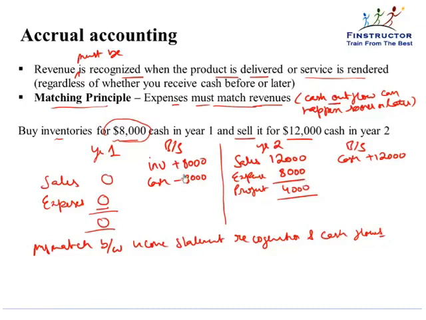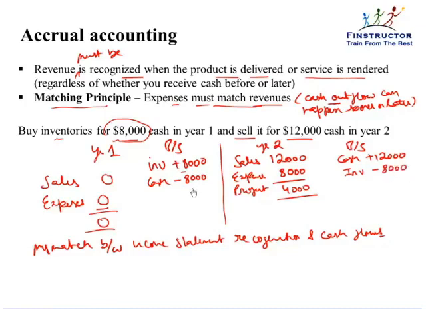I already had a cash outflow of $8,000 for procuring the inventory. So I will not reduce the cash by another $8,000 because the cash has already been spent. However, I don't have any remaining inventory, so my inventory from the previous year will go down by $8,000.